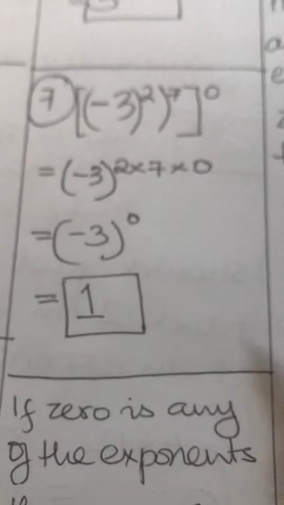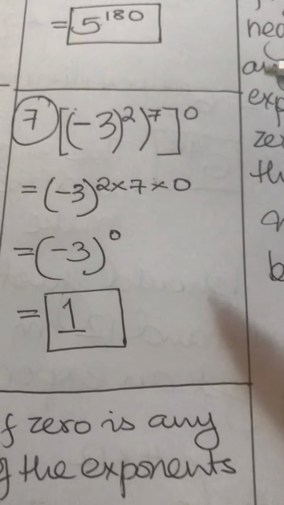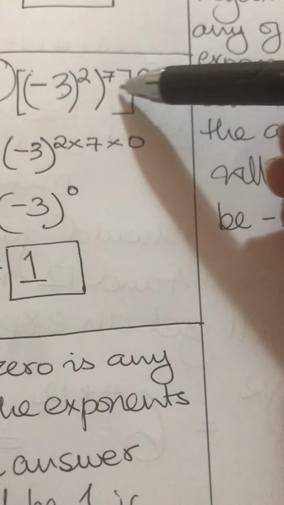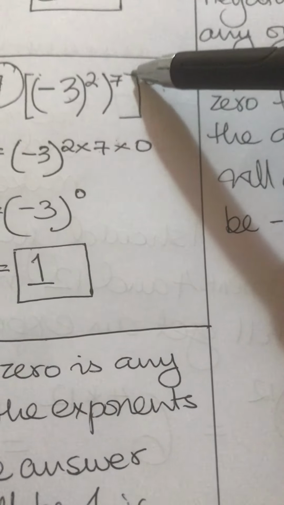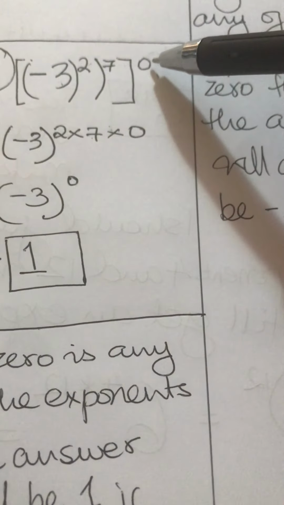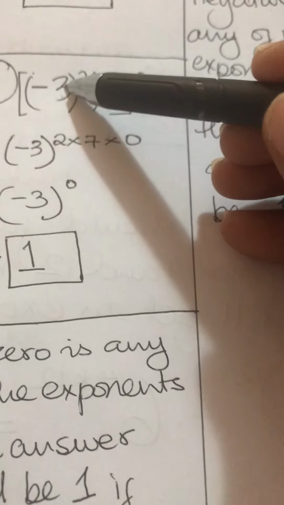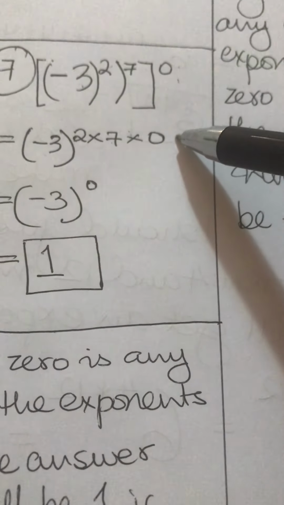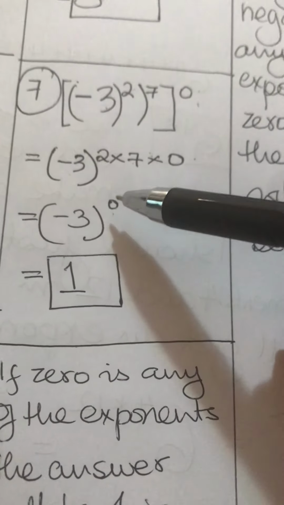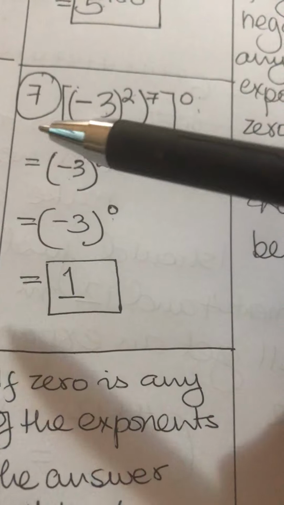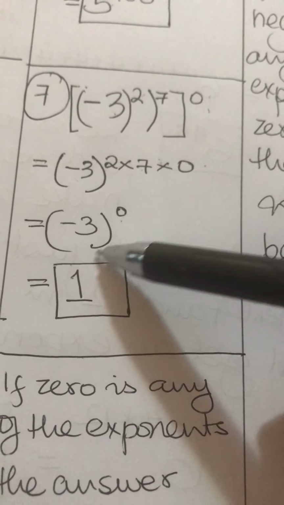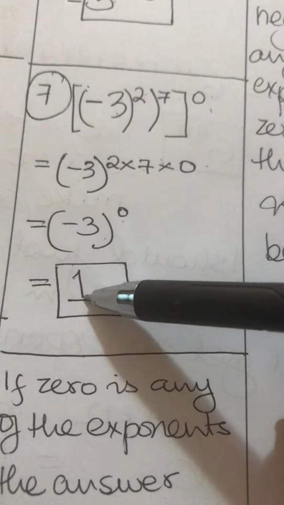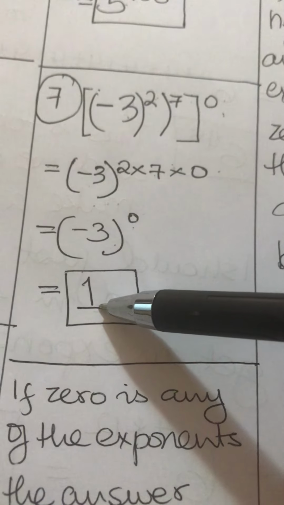Okay, let's do example 7. So here our base is negative, and we have 3 exponents, 2, 7, and 0. We're going to multiply our exponents. So I will write my base still in brackets, and then this is 2 times 7 times 0, which is 0. Remember in lesson 2, we said when we have a positive base raised to the 0 power, our answer will always be positive 1.